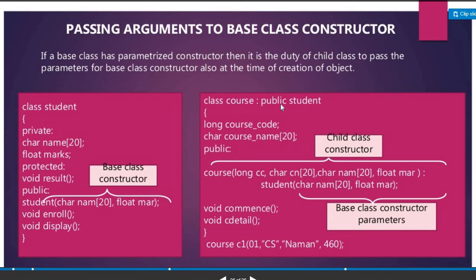Now if class course is publicly inherited from student, with long course code and course name, then it is by default private. The public constructor takes long course code, course name, float marks, and student's character name and float. So this is the child class constructor.